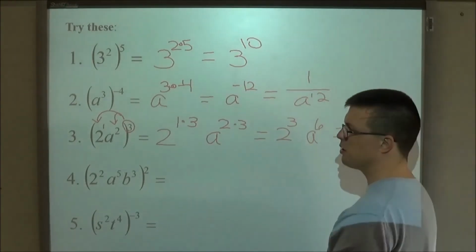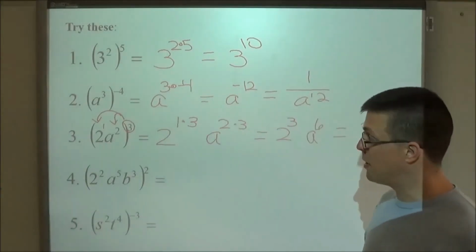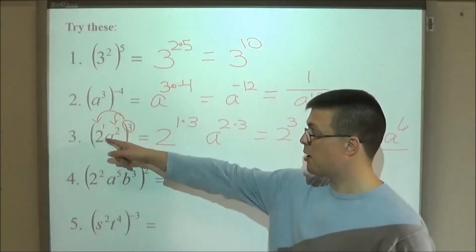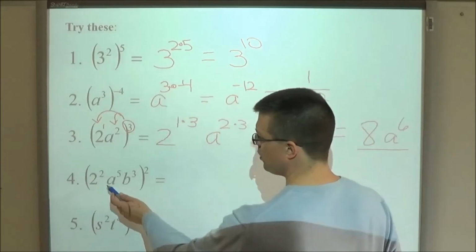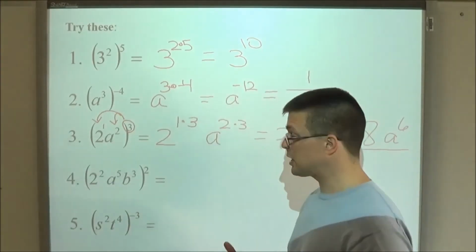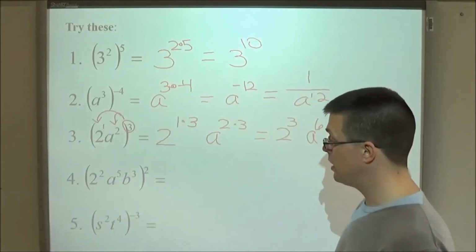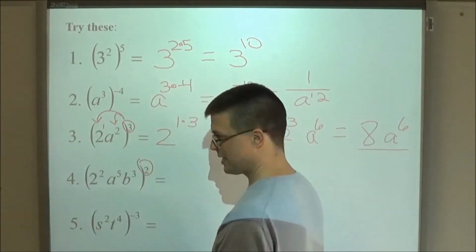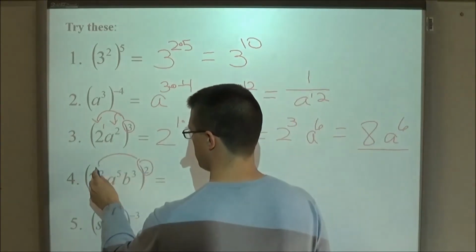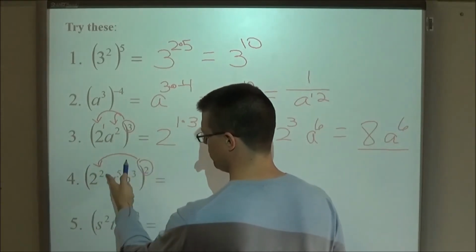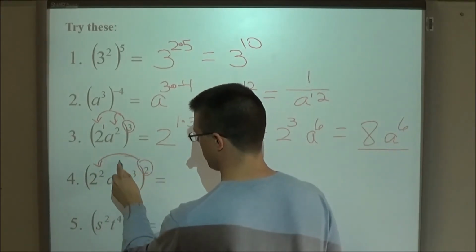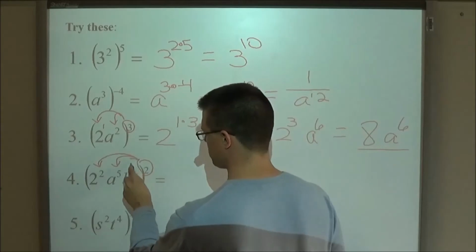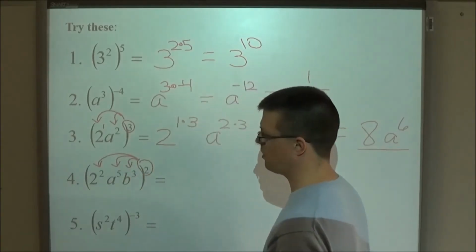Here's a little bit longer, more complex problem, but it's like the problem here where we have exponents everywhere on the inside. But it's all being raised to the 2nd power. That means we're going to multiply this 2 by our 1st exponent, our 2nd exponent, and our 3rd exponent.